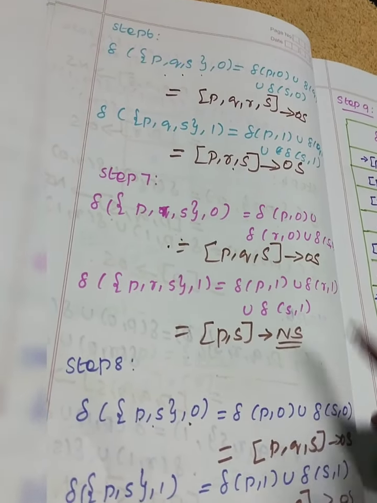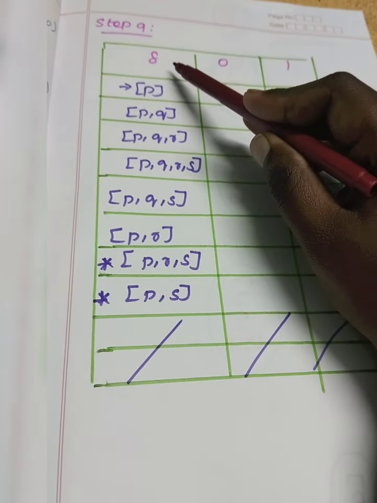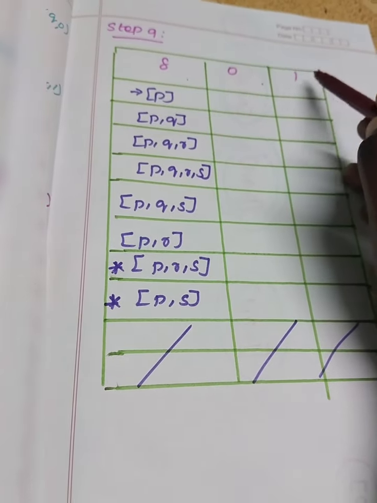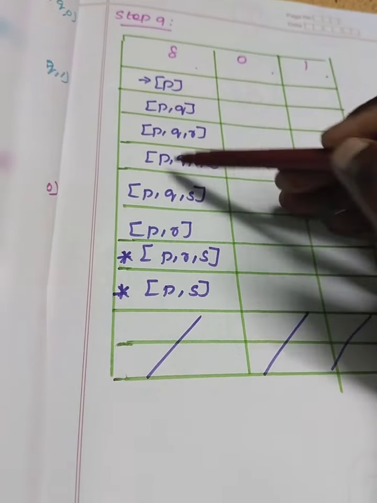Then you can write the transition table and transition diagram. For the transition table, you write delta with 0 and 1. What are the states you have processed? What are the states you got as new states? So P, PQ, and so on, all the new states you have to write under delta.